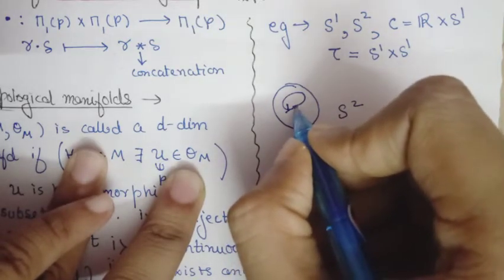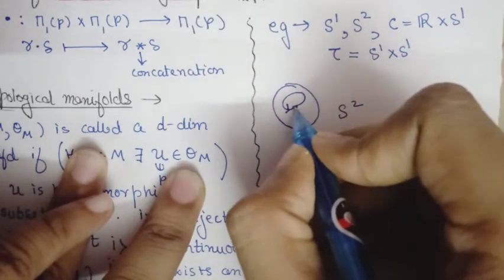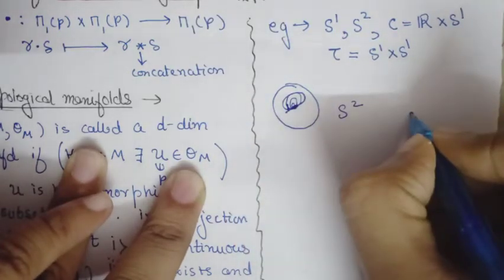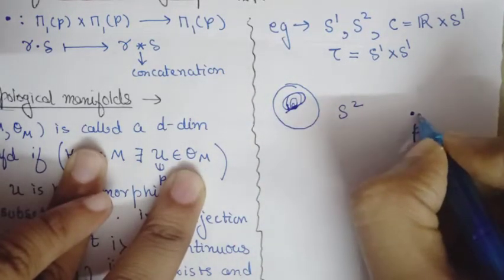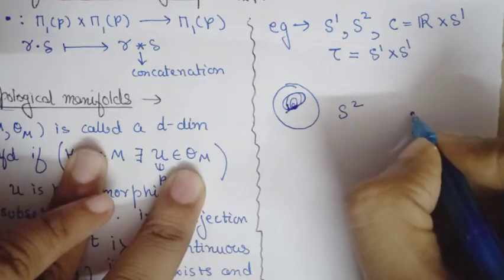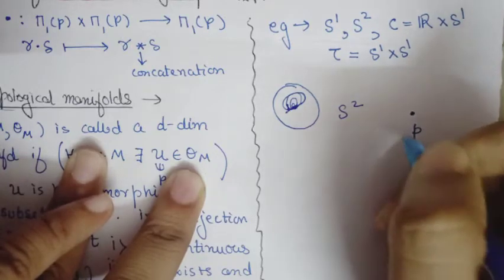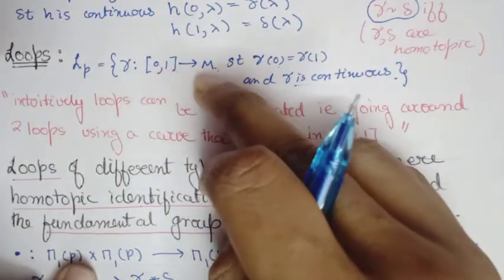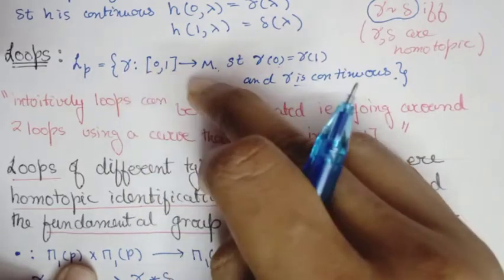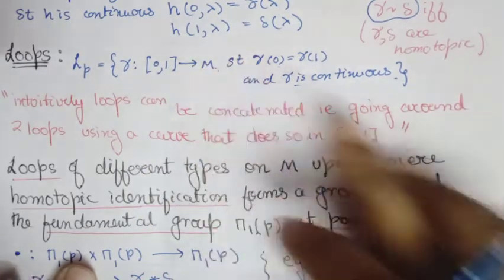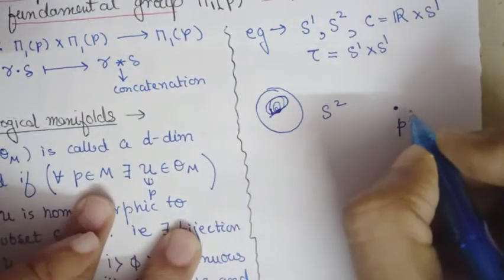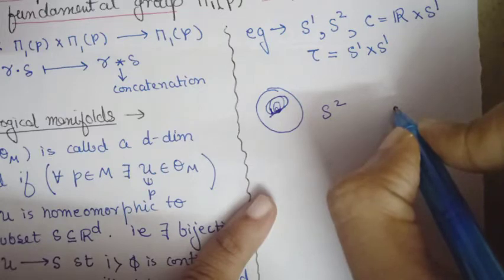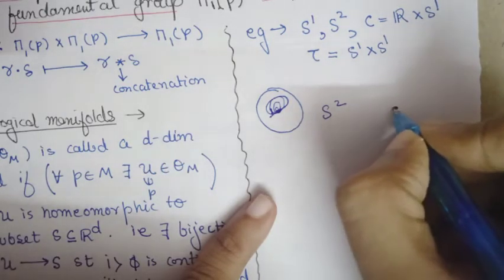Then you will see that you can continuously always deform the loop to just that point P. So if you have a point P, in the definition of the loop, it always goes to a point in the manifold. If the curve always hits the same point P, the curve is the identity map. And the curve means that from 0 to 1 it will just sit here, that will be a curve.